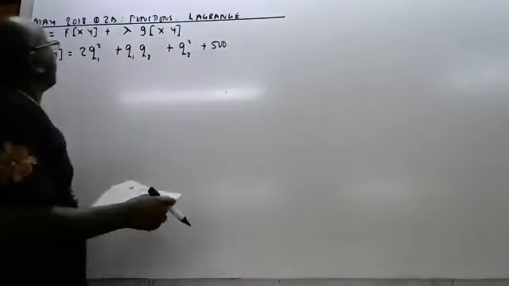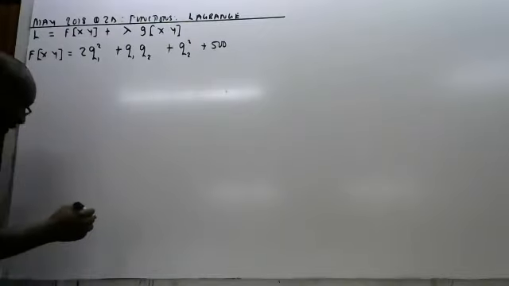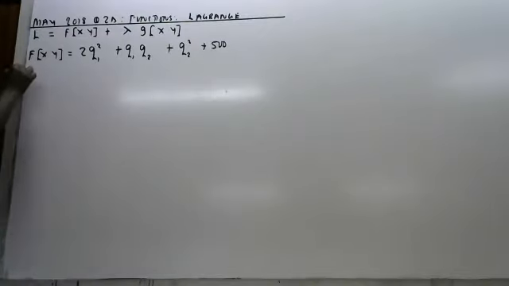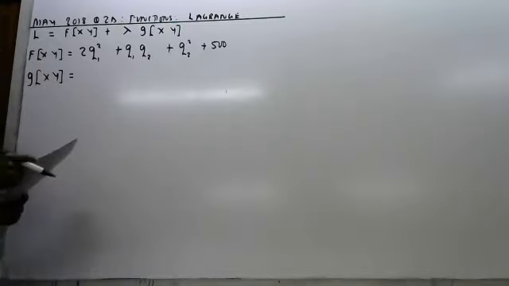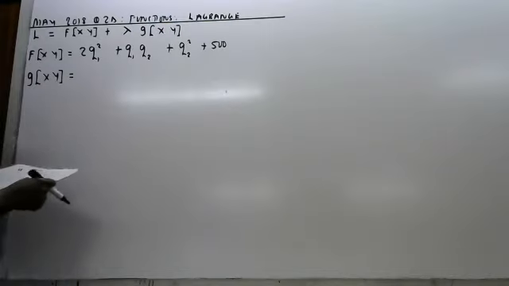Then g of xy is the function of the constraint. So we are told that we must produce 200 units.